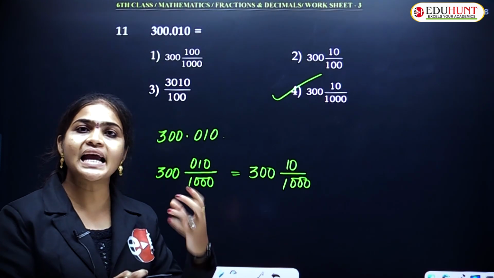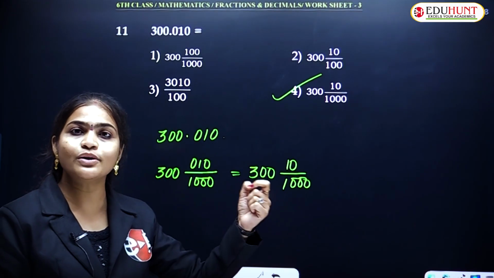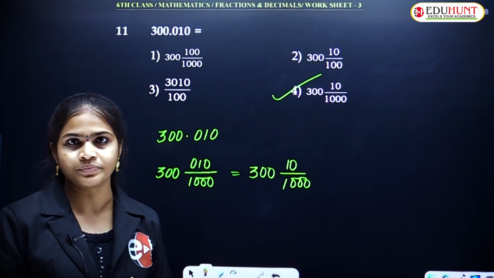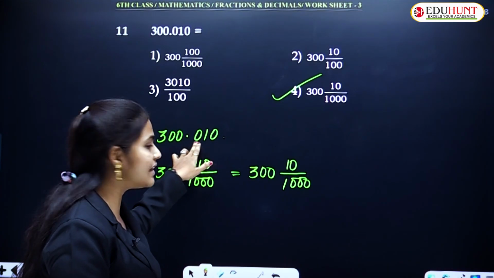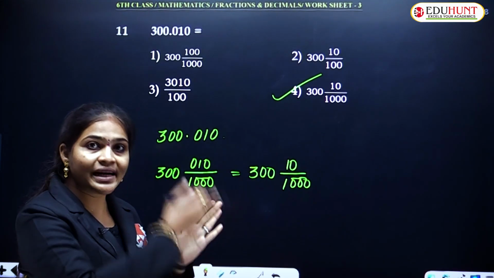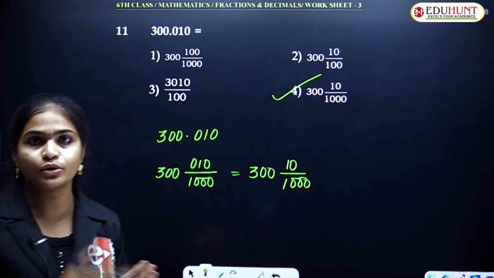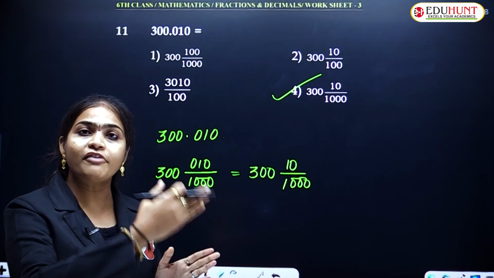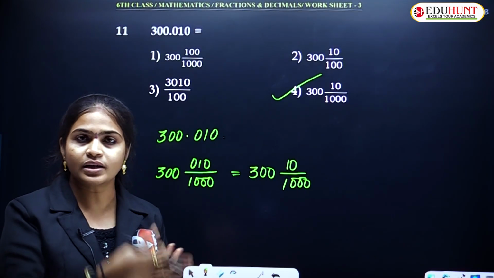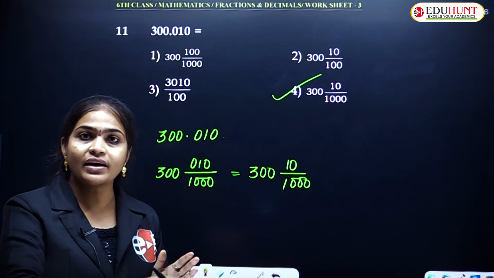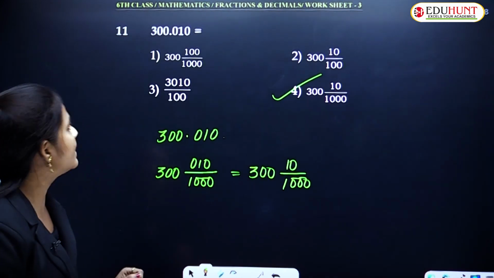Significant means which has value, and 0 does not have value. That's why 0 is an insignificant digit. So in the decimal part, no need to consider that. Immediately after the decimal point, if 0 is there, no need to consider it. If 10 is there after the decimal point, then we consider it as 10 only, 1 and 0. But if 0 and 1 is there, we can write it as 0.1. Understand? Yes.